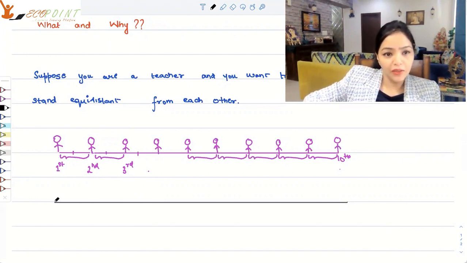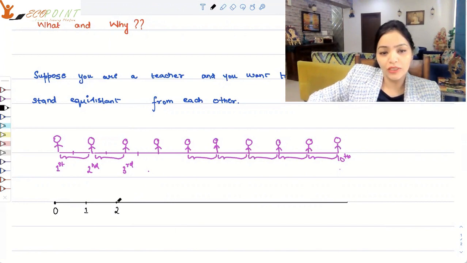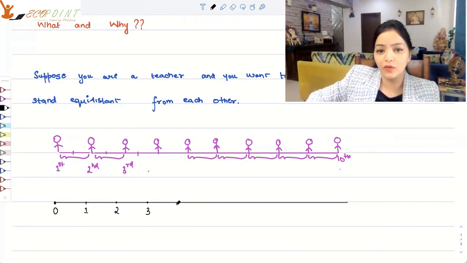If we call the first position 0, the next position we can call 1. Equidistant to 1 will be the position 2. Equidistant to 2 will be the position 3, and so on and so forth.